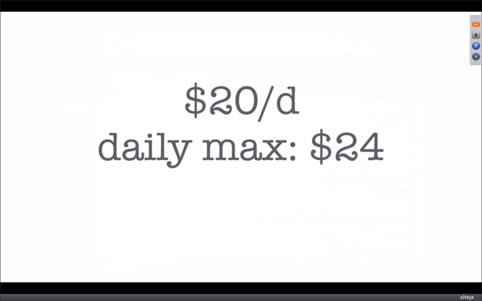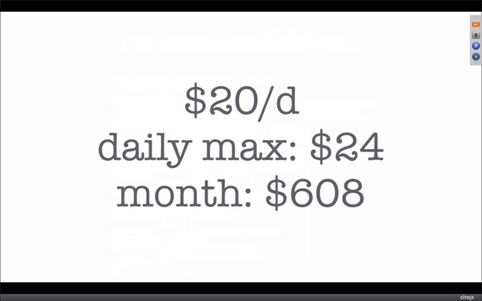That's fine. Google allows that in the rules. It can go up to 20% higher, but it will not go over 30.4 times that daily budget in the month. $608, 30.4 times 20. So it can go up to 20% higher on a day, but it won't go more than 30.4 times the daily budget in the month.